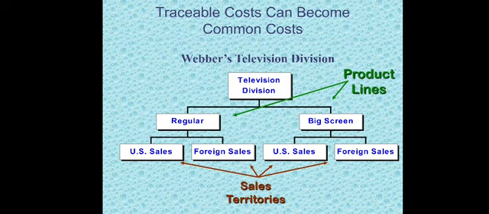So the main segment is television division. Under the television division, there are two smaller segments: regular and big screen. And also it is possible under regular there are two segments, and big screen also two segments, but we focus on the regular and big screen first.